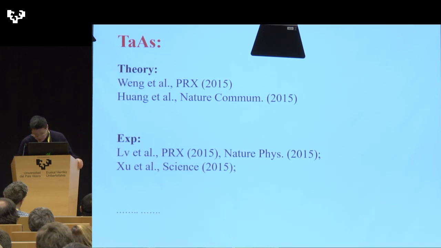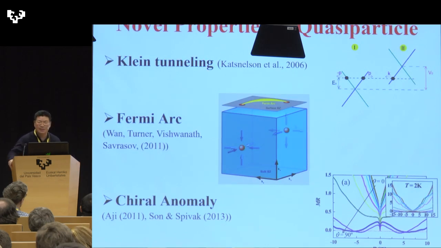So why are people interested in topological semimetals? There are several reasons. They have Fermi arcs, they also have Weyl fermions, and they also have the chiral anomaly. So they will affect the transport properties. And we are interested in transport properties, right?